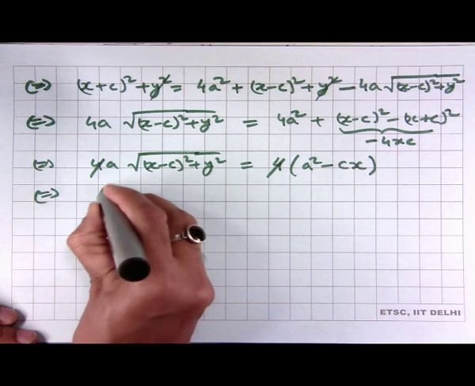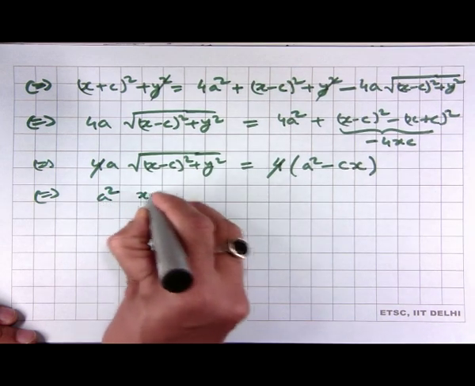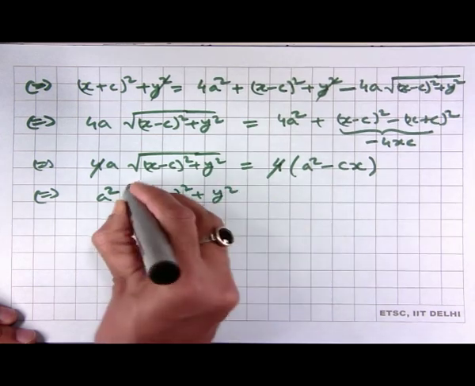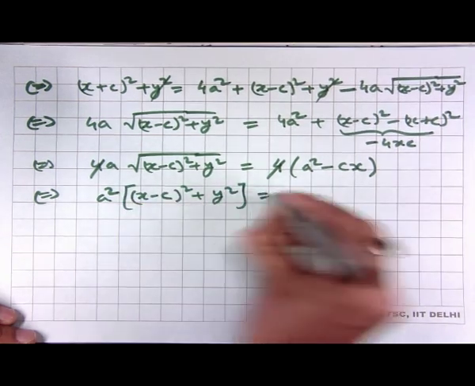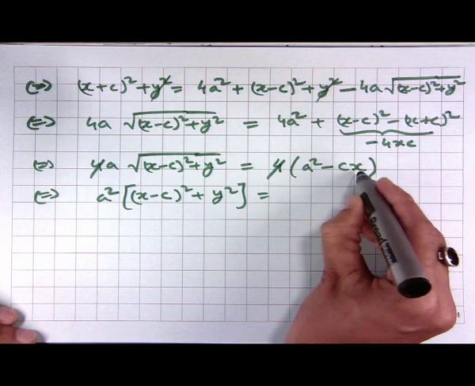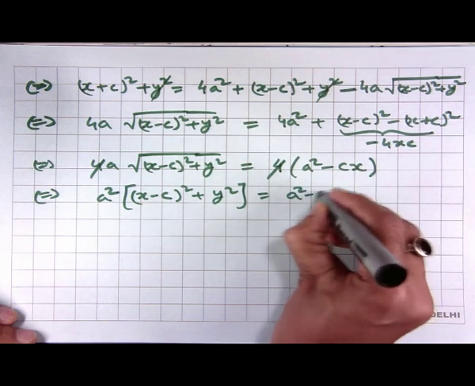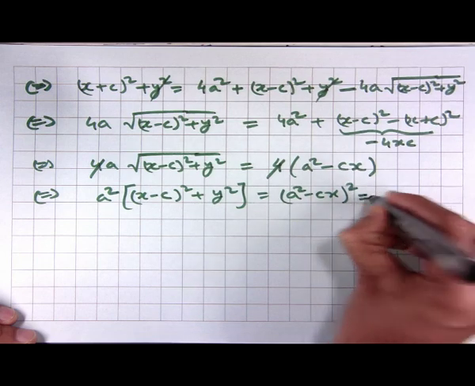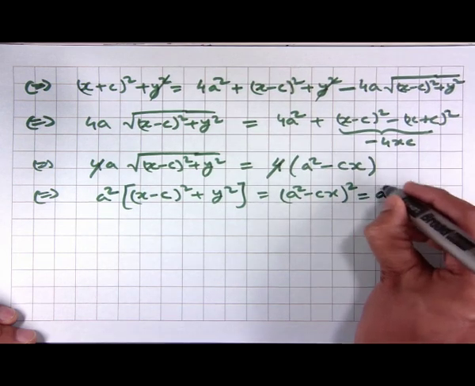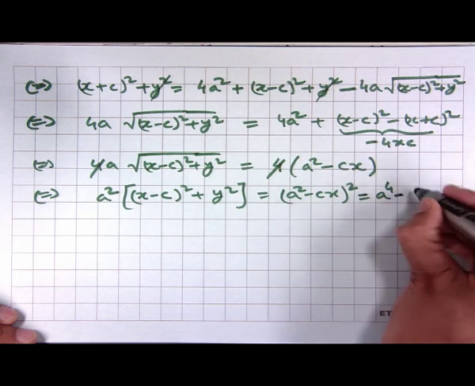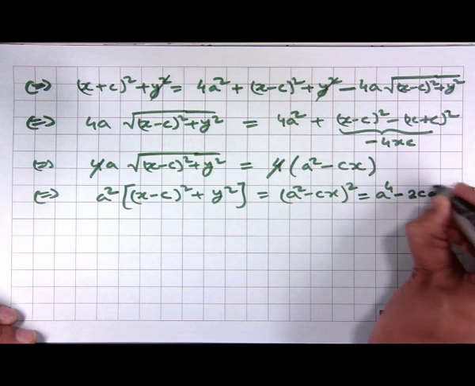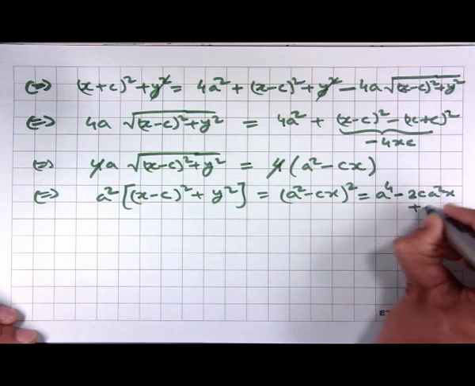We get a square times [(x minus c) square plus y square] is equal to (a square minus cx) whole square, which is a to the 4 minus 2c a square x plus c square x square.